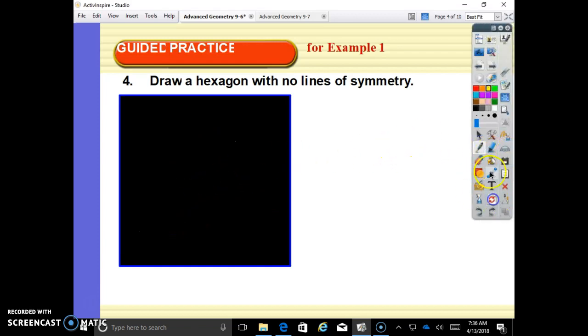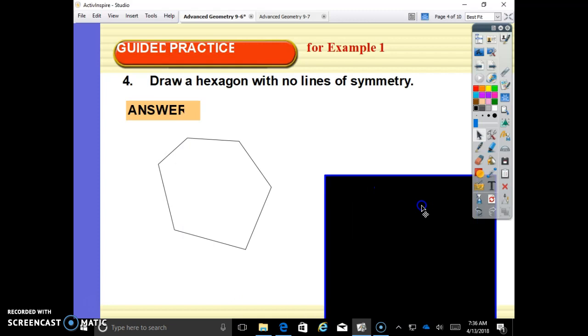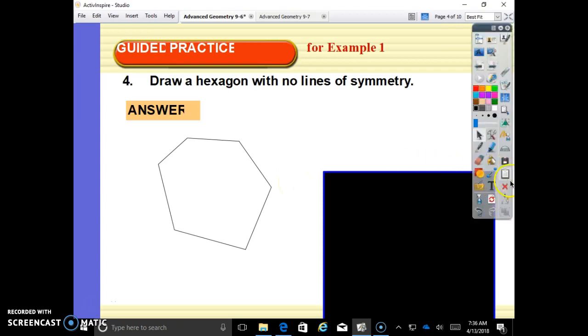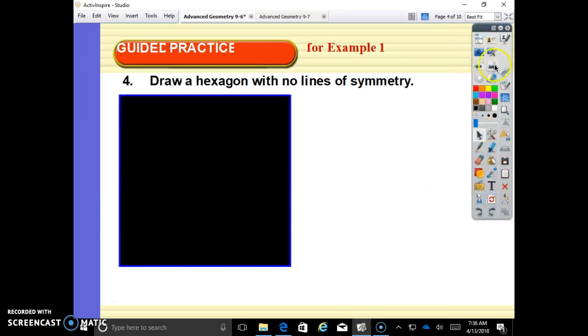Any 6-sided object that's just kind of free-form doesn't have any lines of symmetry. They just did one that looks more normal, but just kind of lopsided, different sizes. It's not regular. It's not all the same size and shape, and angles and sides are not all congruent. There's nowhere that we could fold it in half and have it be perfectly on top of itself. Theirs was convex, mine was concave. I kind of tried to make mine look a little more crazy.